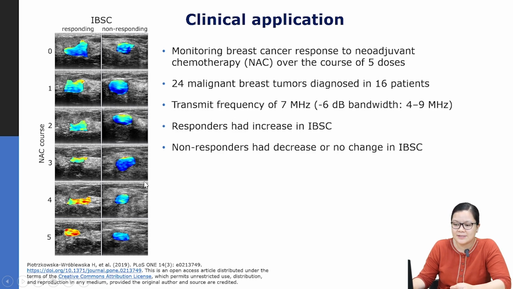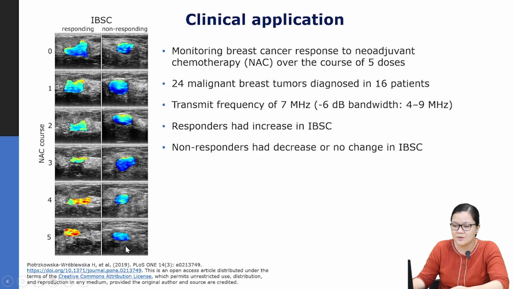In these images, you can see the backscatter coefficient in the color map, overlaid onto the grayscale B mode images. As you can observe in the responding patients, meaning those who responded well to the chemotherapy, as you increase the number of doses, the IBC of those tumors appears more red. That means there's an increase in the integrated backscatter coefficient.